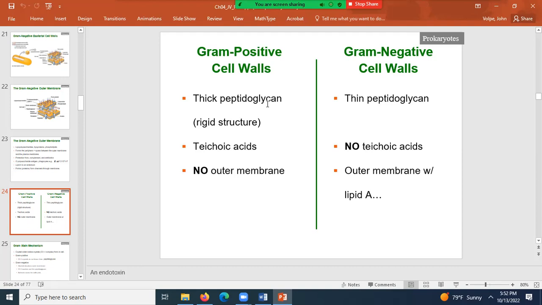The gram-positive cell wall has a rigid structure, and the gram-negative is not as rigid. There is teichoic acid in the gram-positive cell wall, no teichoic acid in the gram-negative cell wall. There's no outer membrane in the gram-positive cell wall, and there is an outer membrane in the gram-negative cell wall, and it does contain lipid A in that gram-negative cell wall.